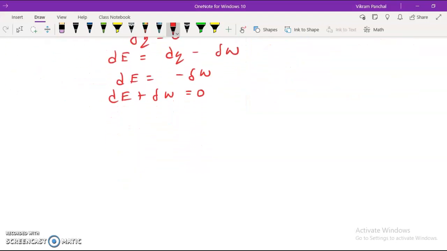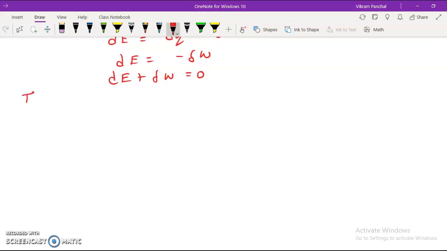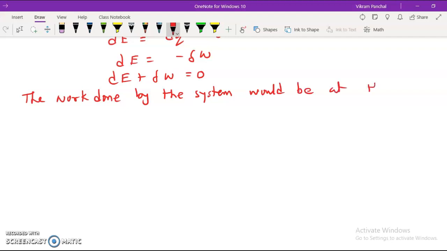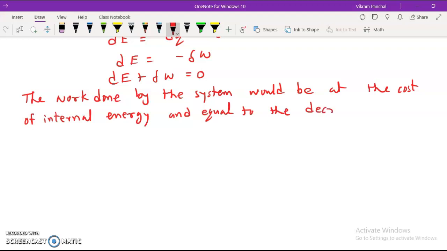That means the work done by the system would be at the cost of internal energy and equal to the decrease in its energy content.